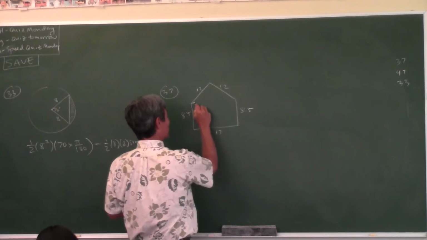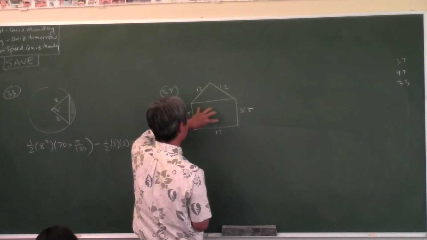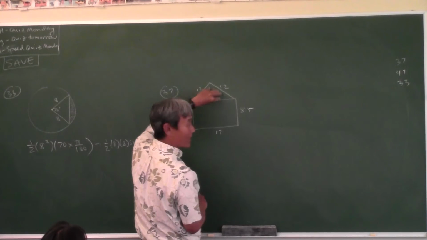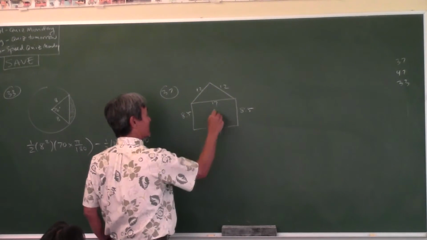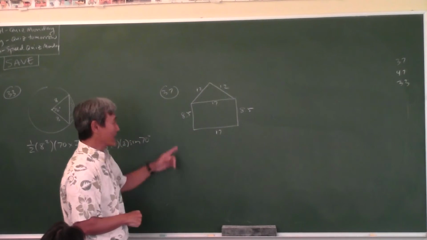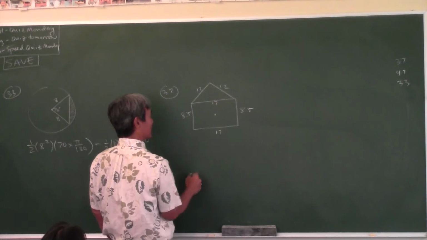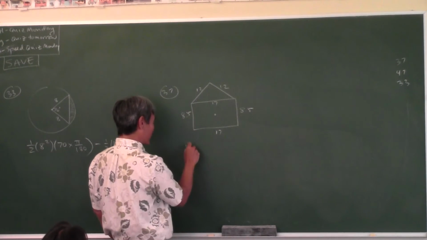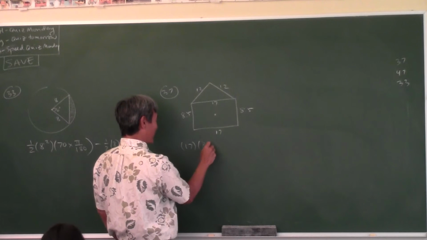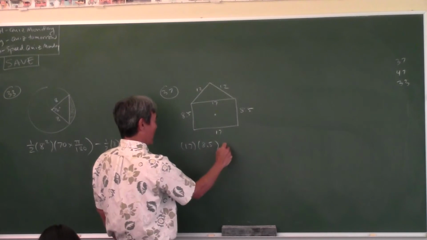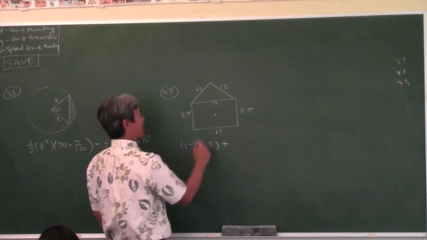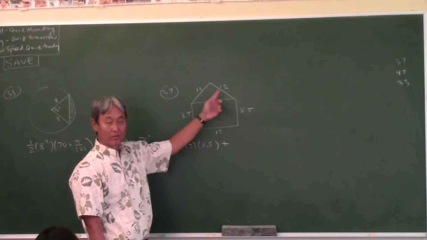Well, if you draw this line in, then you got a what? You got a rectangle and a triangle. So that's 17. So what's the area of the rectangle part? This part. Length times width, right? So 17 times 8.5. That's the area of the rectangle. Plus, how do you find the area of a triangle if you know three sides?